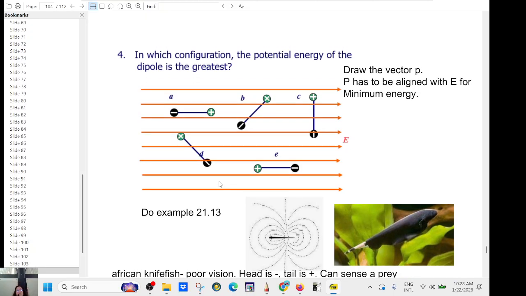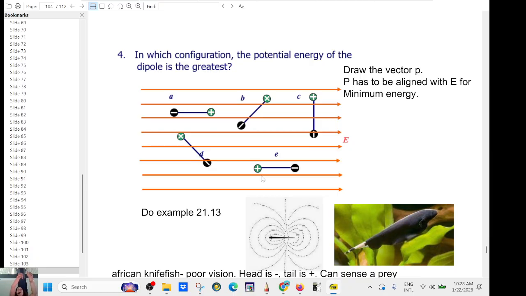Okay, in which configuration is it the greatest? So you go from minus to plus, you get the vector p.